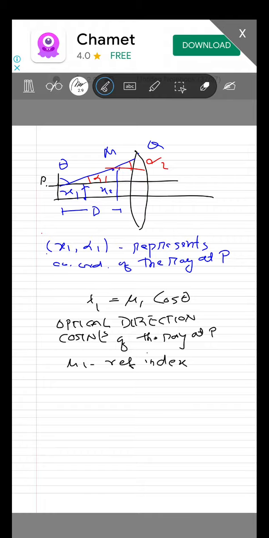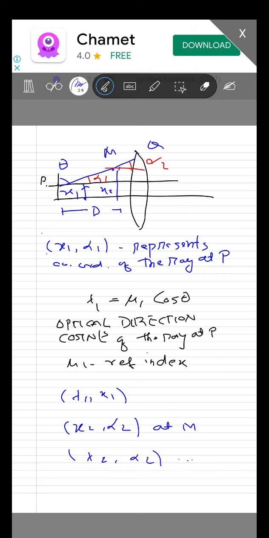So instead of writing x1, alpha 1, we will now represent it by lambda 1, x1. It represents the coordinates of the ray at P. Similarly, we can represent x2, alpha 2 as the coordinates of the ray at M, and corresponding to that we will also have lambda 2, x2 at M.